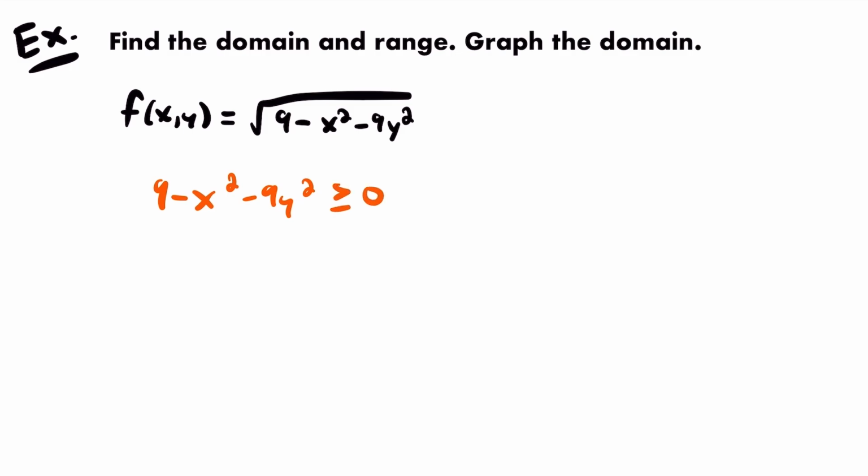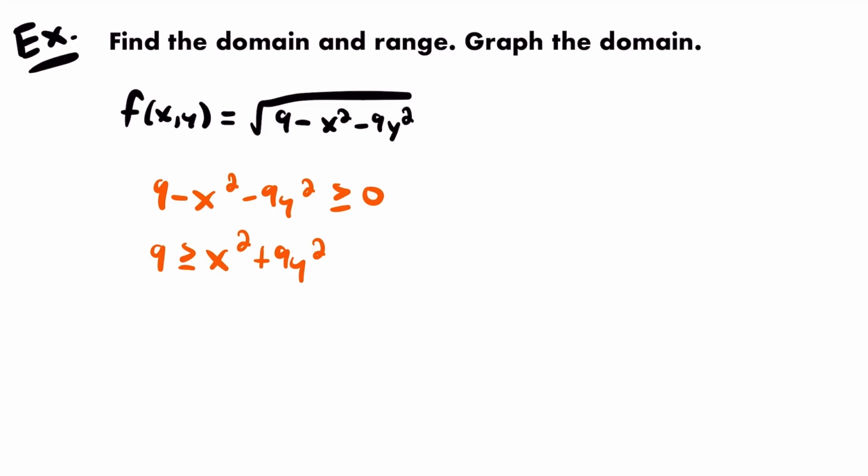All right. Now, if we rewrite this a little bit to make it look a little bit nicer, what we can do is add x squared and 9y squared to both sides of the inequality and have 9 is greater than or equal to x squared plus 9y squared. And if you imagine for a second that that inequality sign was actually an equal sign, what we'd have here is the equation of an ellipse, right?